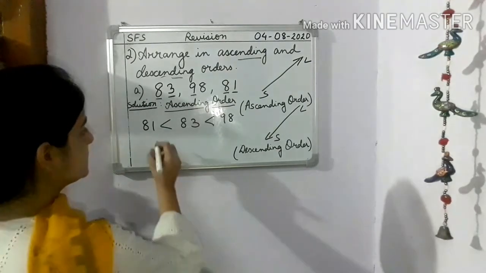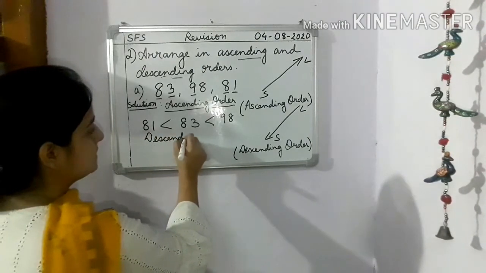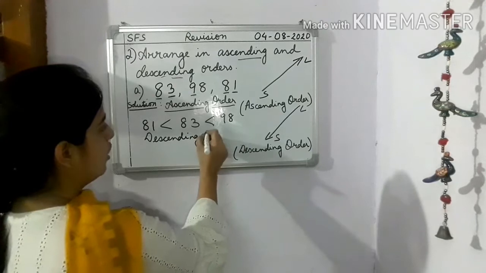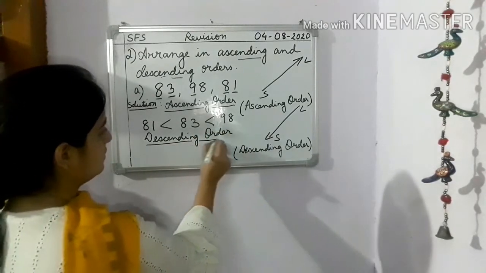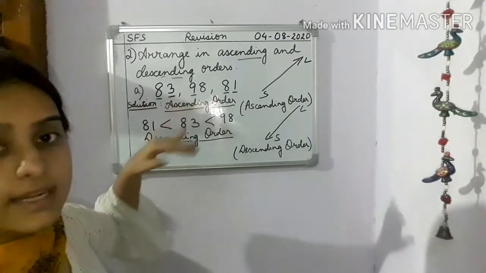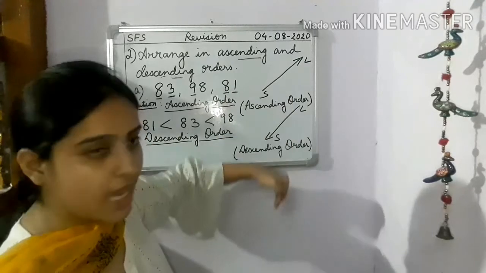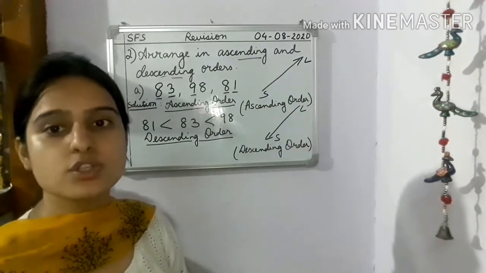Next is descending order. Write descending order. Now we will arrange these numbers in descending order. That means we are coming down from largest towards the smallest, largest to smallest.